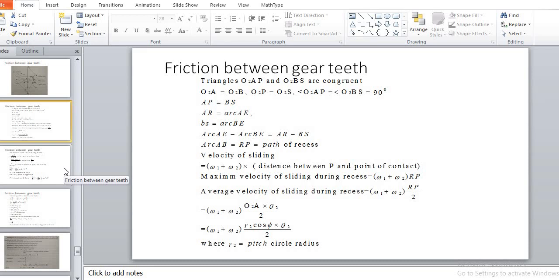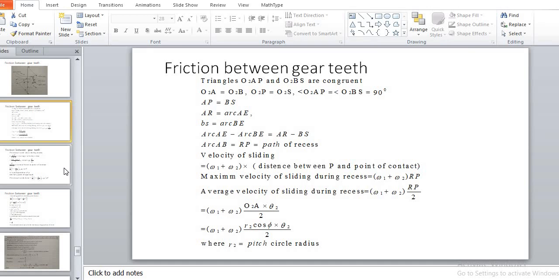So the work formula is nothing but force into distance. How can we calculate that work? We find it by force into distance, and we have the formula for the frictional force.